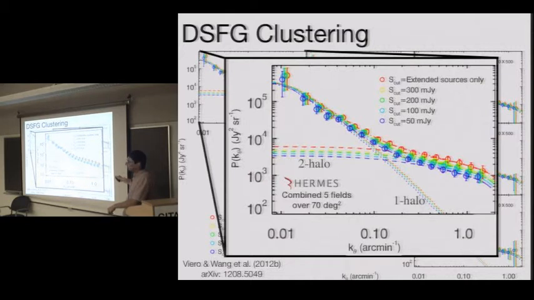These represent the flux cut. And let me explain. Remember before I showed you that the red galaxies and the blue galaxies cluster differently. And then if you were to take the red galaxies and cut them into things that were more massive or more luminous, then those things would cluster differently as well. More massive things would cluster more. But I don't have that luxury because I don't know where the sources are.